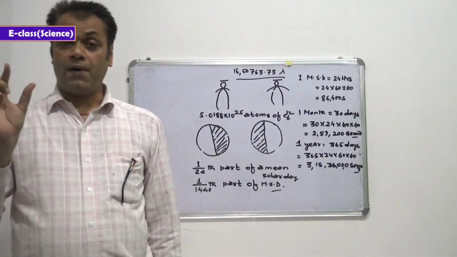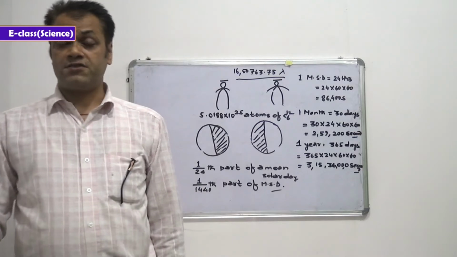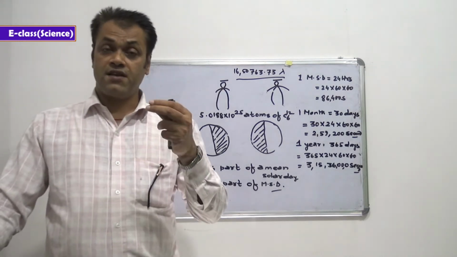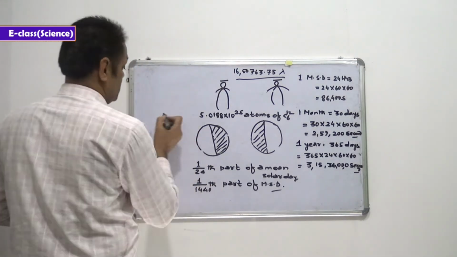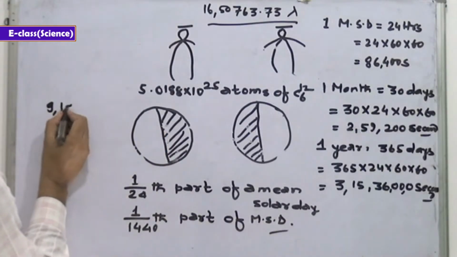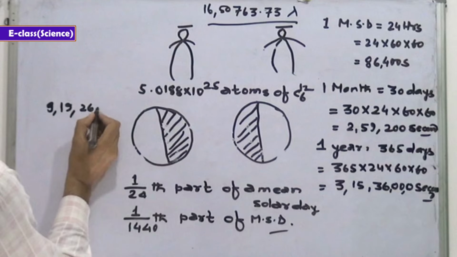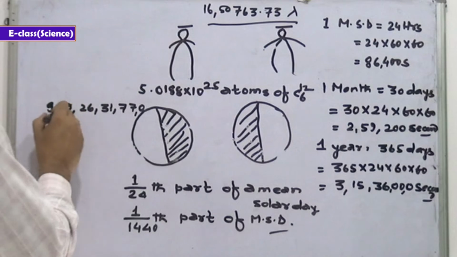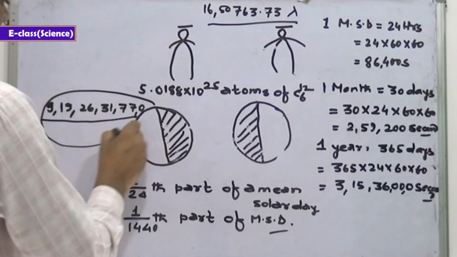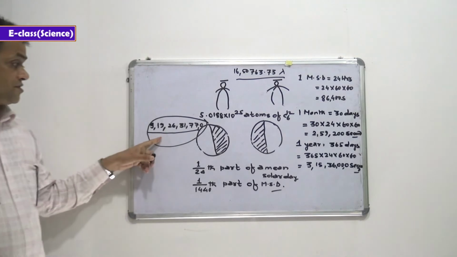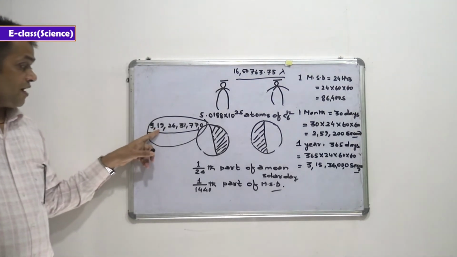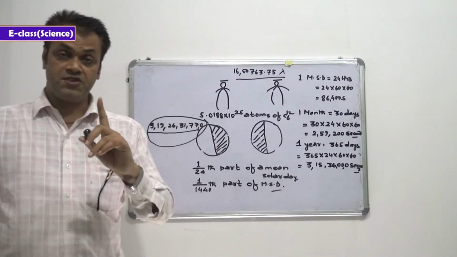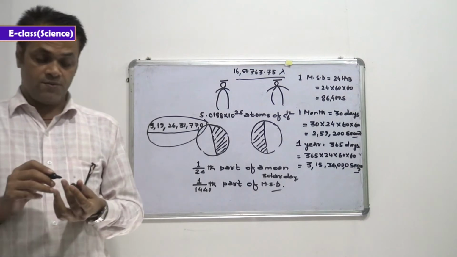The total number of vibrations made by the cesium atom is 9 arab 19 crore 26 lakh 31,770, and this number of vibrations made by the cesium-133 atom is called 1 second.